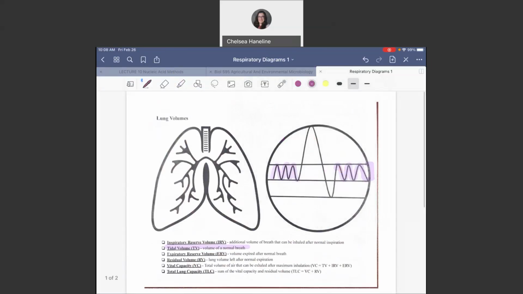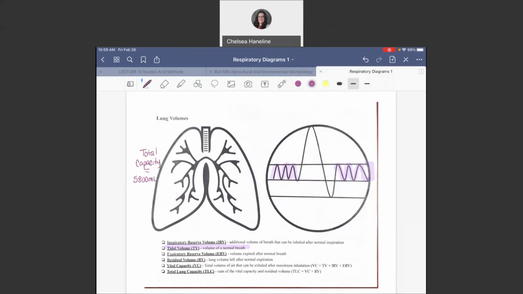So our total capacity is equal to about 5,800 milliliters. So really, that's not a ton, right? When you think about it. So that would be what's considered to be our total volume on the left-hand side.